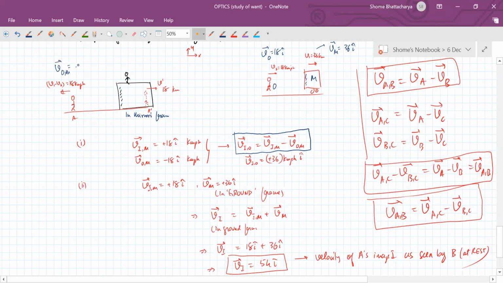It is minus 18 i cap. This one is the velocity of the image with respect to the mirror. It is plus 18 i cap. So we got this. Okay, so hope this is clear.